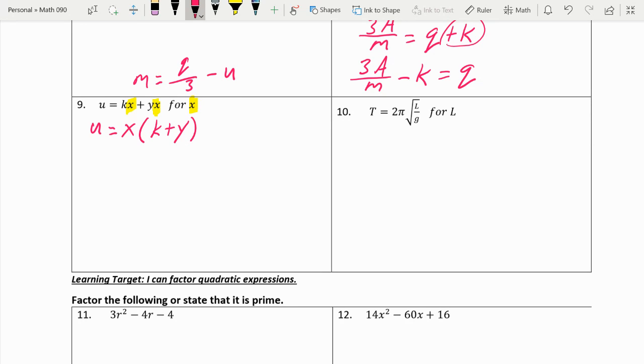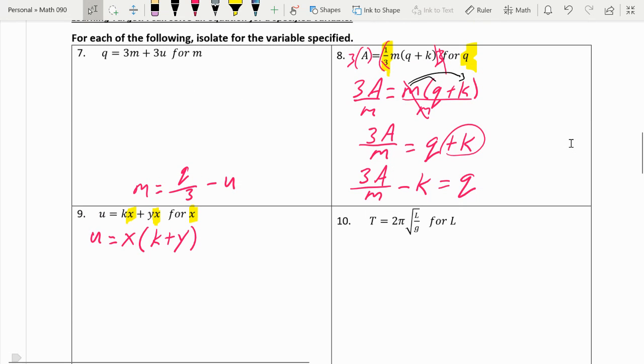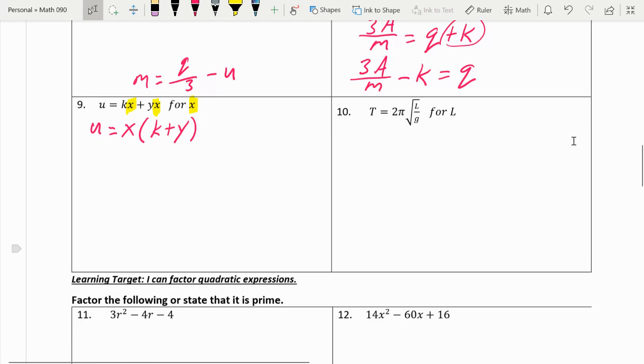Now if you look at number 8, it's exactly the same from that step. You guys finish it. I'll give you the answer. X ends up equaling u over k plus y.